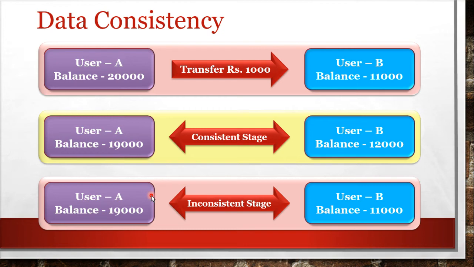So user B has 11,000 and user A has 20,000 again, because the transaction was not successfully done. So the approach of the DBMS is that either the transaction is completed or it is rolled back. Here, rollback means the transaction is cancelled and the DBMS is left in the consistent state it was in before the transaction was initiated.